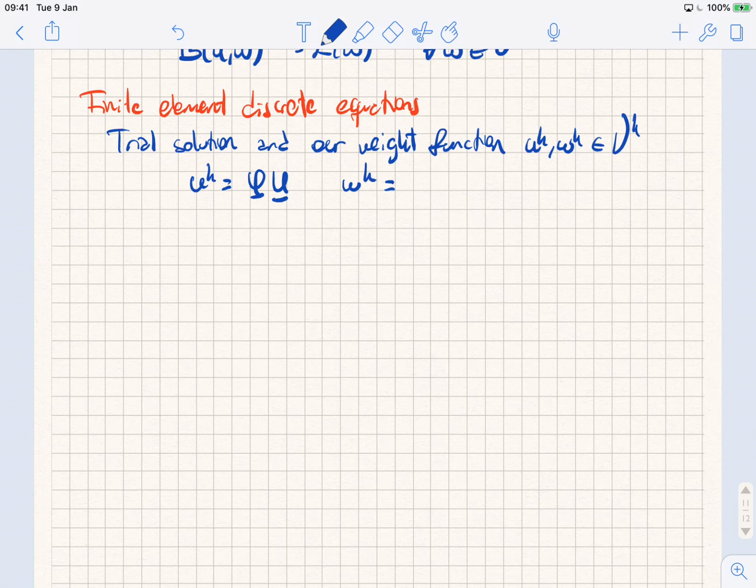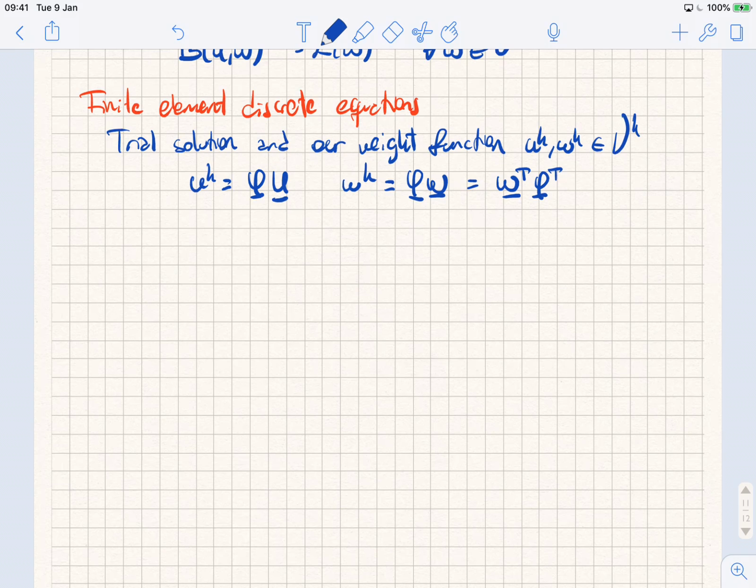So that's going to be the product of a vector phi that contains all the shape functions. And we do the same for w. And this can be written again as this, right?